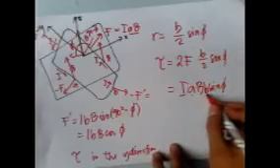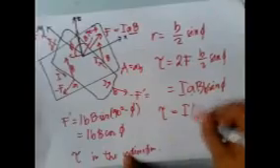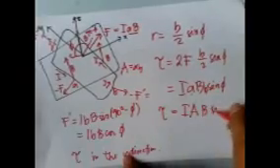So a times b is equal to the area of this rectangle. We have the torque equal to IAB sine phi. That is the net torque of this example, the magnitude of the torque on a current loop.